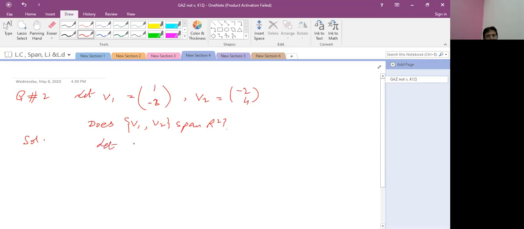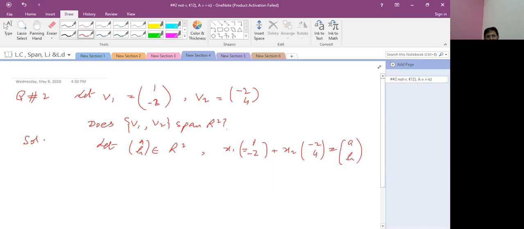Let (a, b) belong to R squared. So it means x1 times (1, -2) plus x2 times (-2, 4) equals (a, b), according to the definition, student.